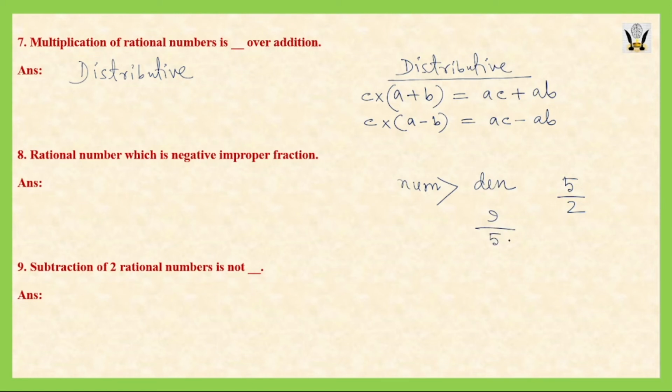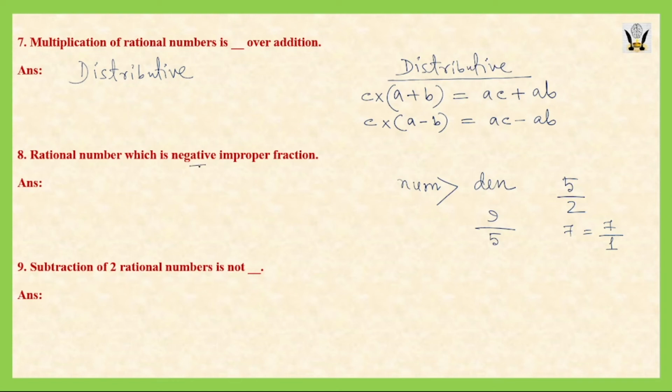In these examples the numerator is greater than the denominator. Any integer here also, like if we take 7, that means 7 is what? 7 divided by 1.